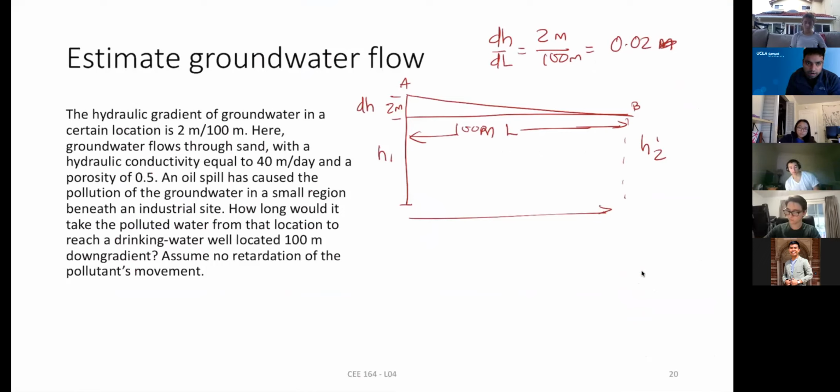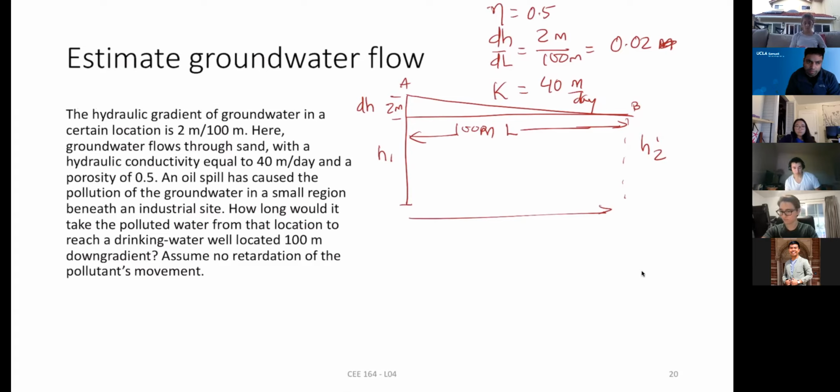Groundwater flows through sand with a hydraulic conductivity equal to 40 meters per day, so K is 40 meters per day. The porosity is 0.5. That means 50% of the entire soil is void, it has pore space, and the other 50% is soil.